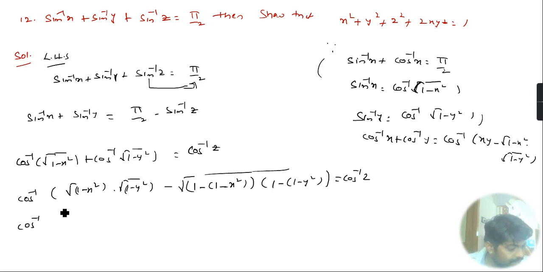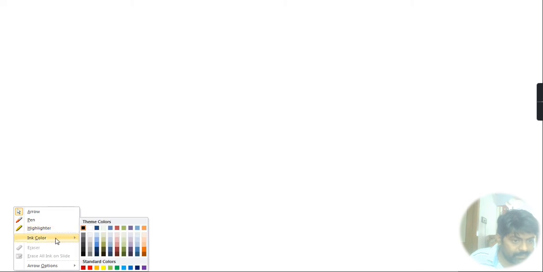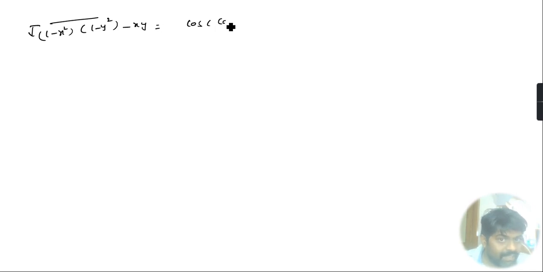So therefore we get that cos inverse of root of 1 minus x square into 1 minus y square minus xy equal to cos of cos inverse z.